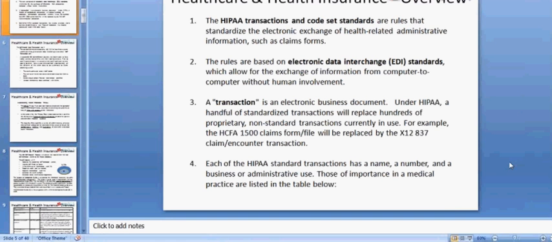In other words, it's an electronic transaction of each and every encounter or fact that has taken place between a provider and a payer, or the healthcare service that has been provided by a physician to a member. So that particular fact is transmitted, and that transmission is in a particular format called a transaction.